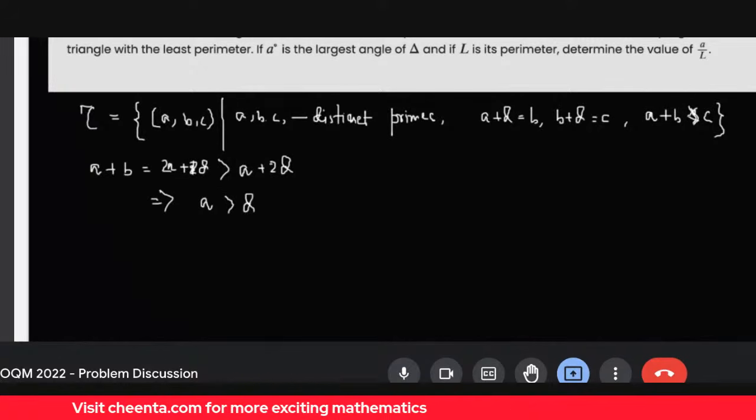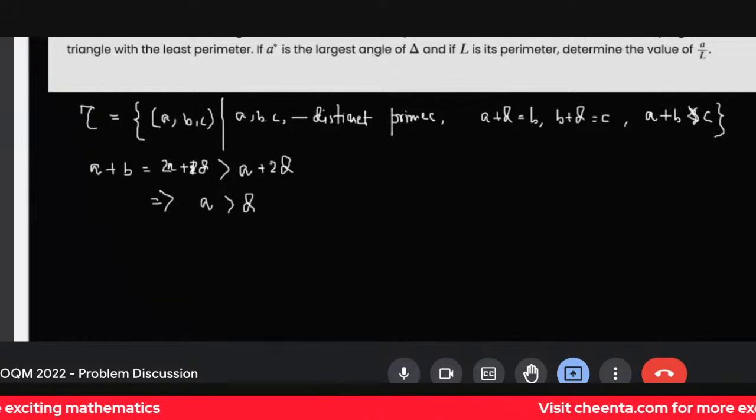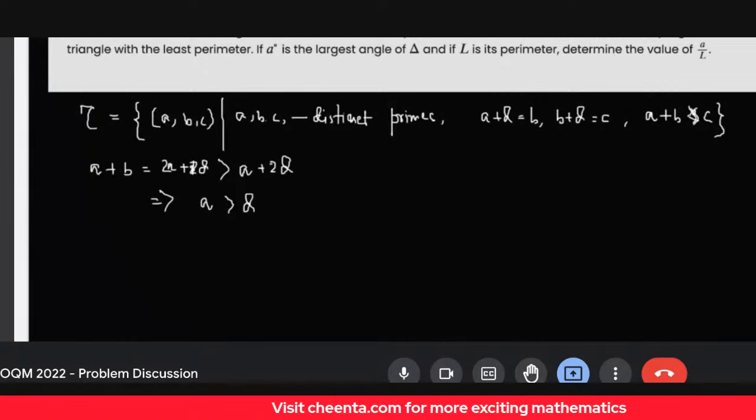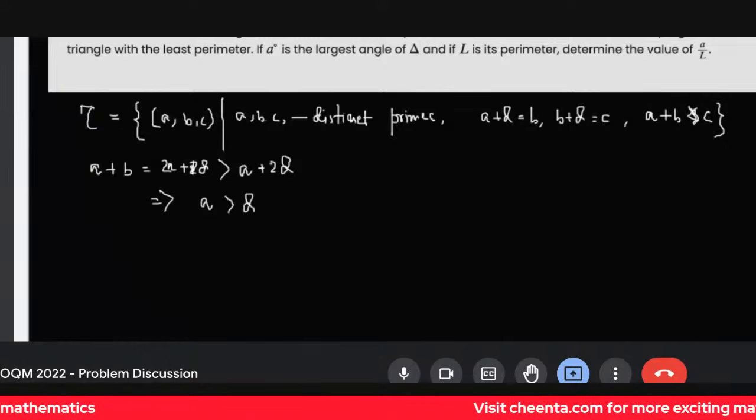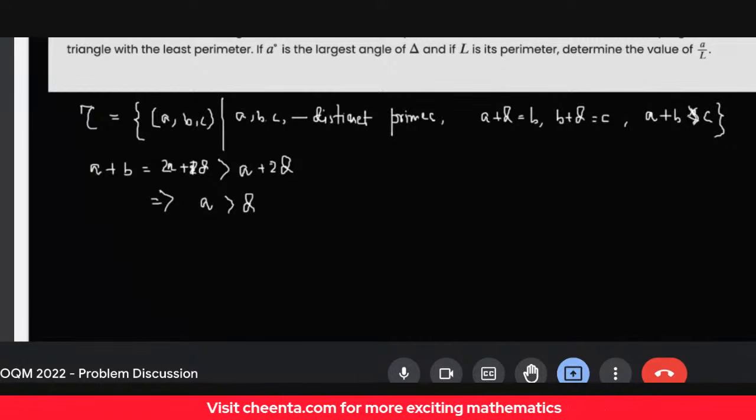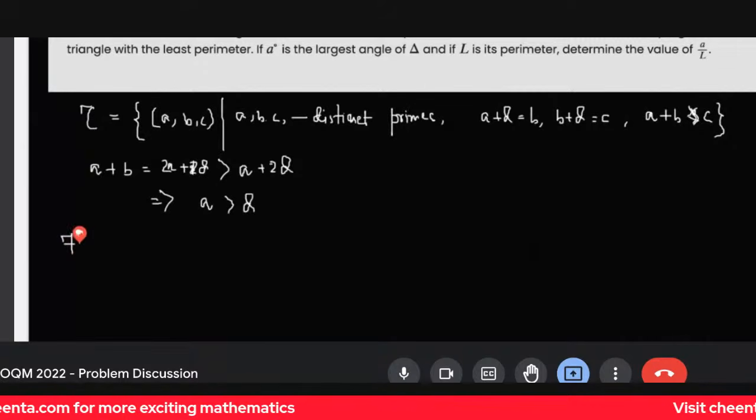Now we have to check the triangle delta to be the one with the least perimeter. For that, we need the first term, that means a, to be the lowest. So 1 cannot be there because 1 is not a prime number. Now my first choice can be 2.